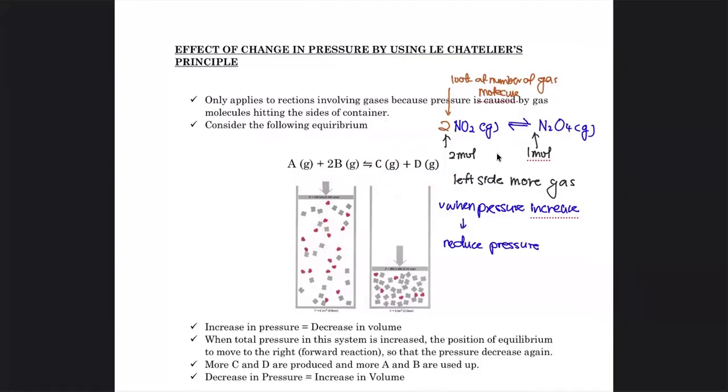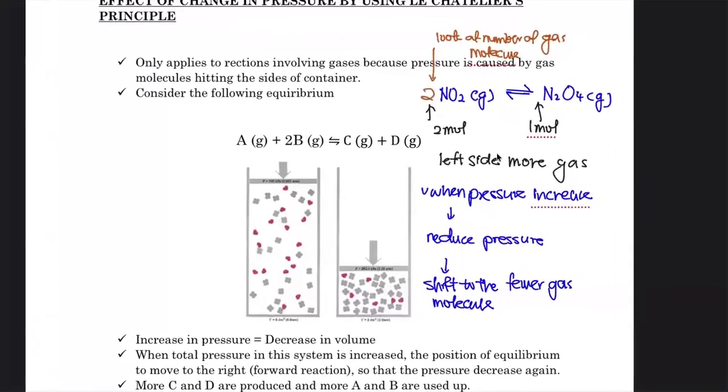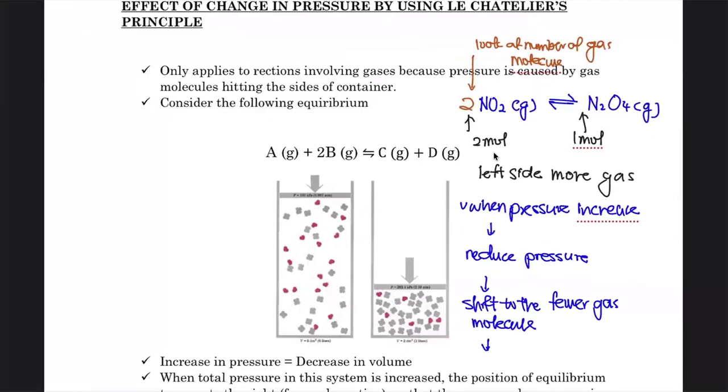The equilibrium will shift to the side with fewer gas molecules. So when they shift to the fewer gas molecules, in this case, NO2 to N2O4, it is to the right side.